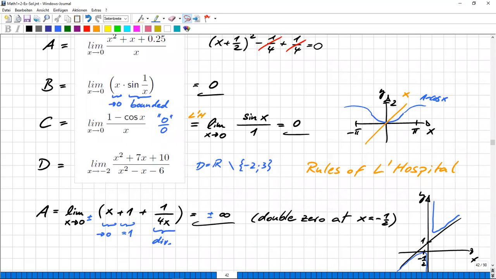So it is easily possible to transform this to be the product of x plus 2 multiplied by x minus 3. Just perform this multiplication, you find exactly this quadratic polynomial. So that's no surprise. It means there is a definition gap at -2 and at +3. Both of them are definition gaps.